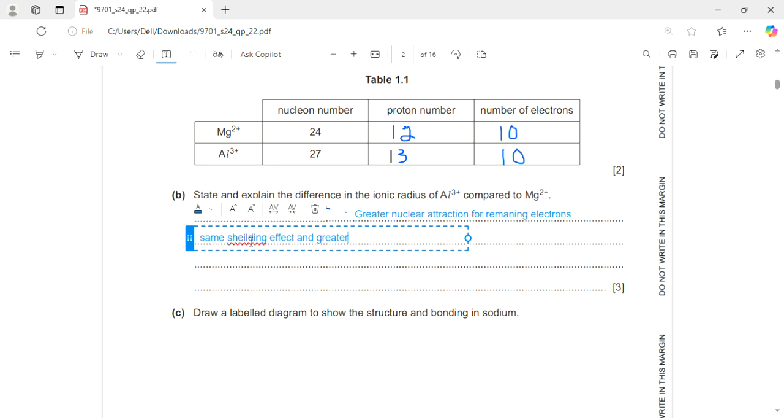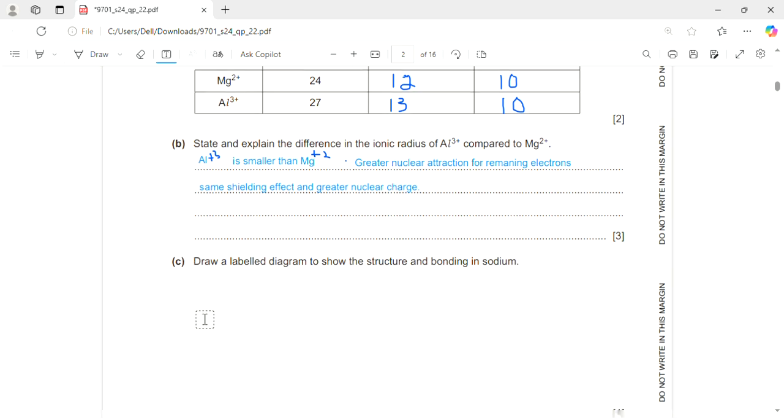Here some spelling is wrong. Greater nuclear charge. So we have finished this part B. Move to part C.